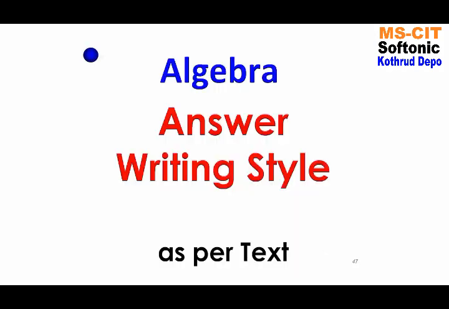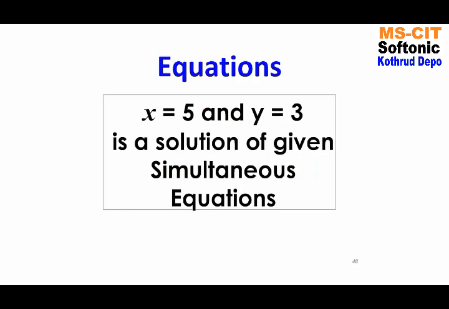In maths, in all chapters you must write the final answer as given in the text. For example, in simultaneous equation chapter, if suppose your answer is x equal to 5 and y is equal to 3, then you must write the final answer as x equal to 5 and y is equal to 3 is a solution of given simultaneous equations.